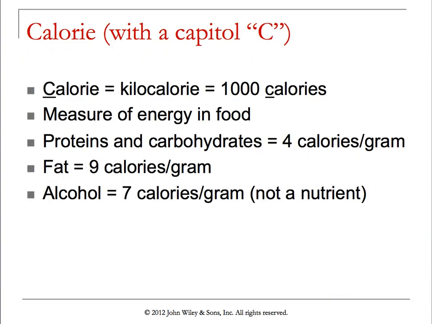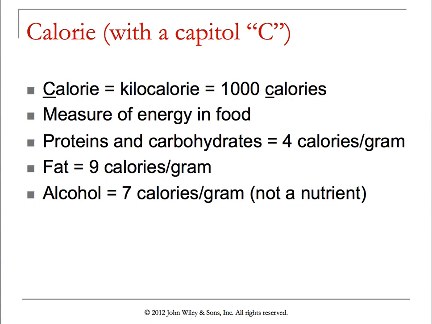So, Calorie with a capital C. All right, this might be a little tricky to understand, but I'm going to do my best, and if you have any questions later, feel free to reach out, and I'll try to help you. Okay, so Calorie with a capital C equals a kilocalorie, which is actually 1,000 calories with a small c.